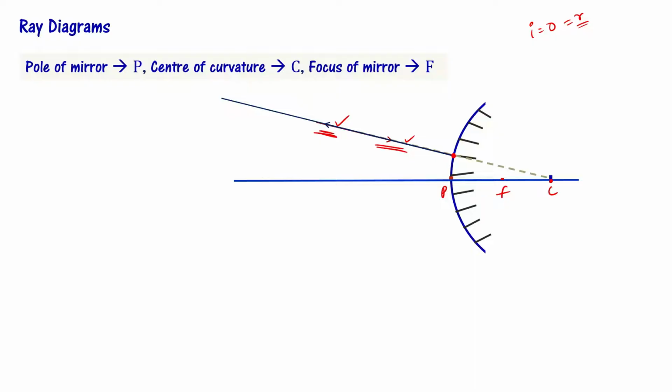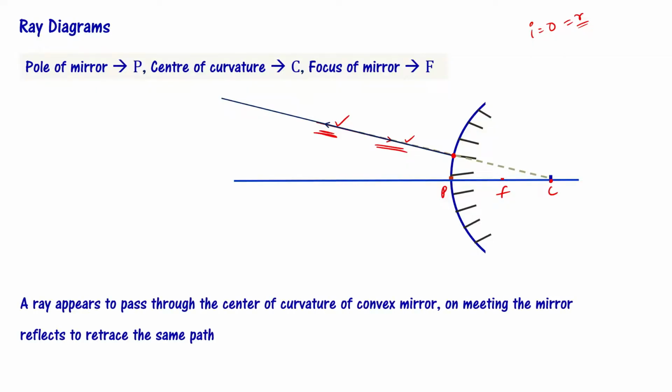If we extend this ray up to the center of curvature, it looks like the ray is coming from this particular point, right? A ray appears to pass through the center of curvature. If we extend the incident ray, it goes through the center of curvature. It appears to pass through the center of curvature, right?